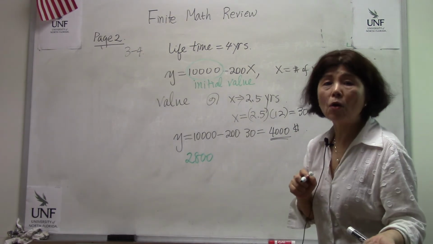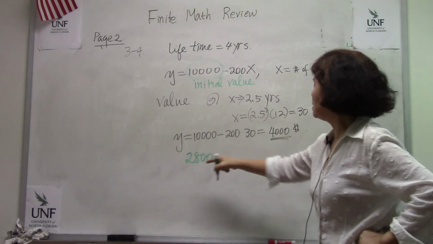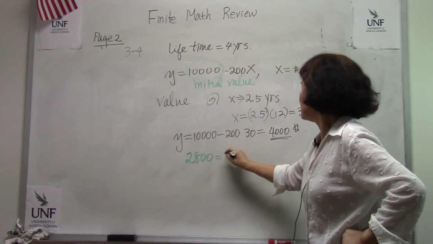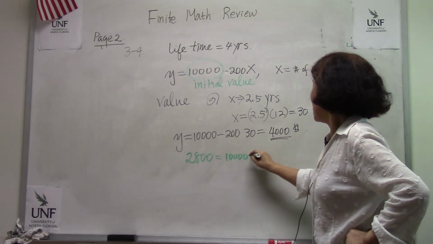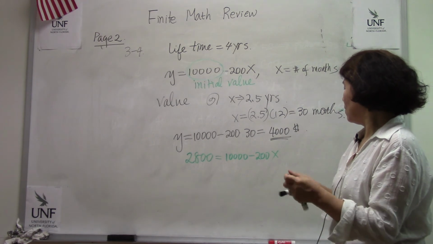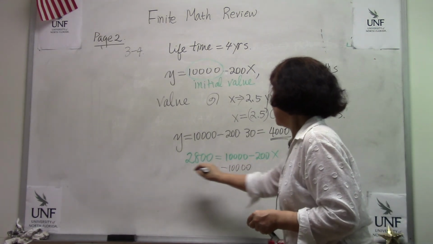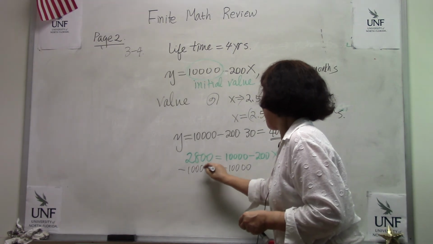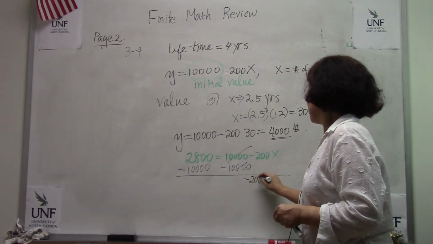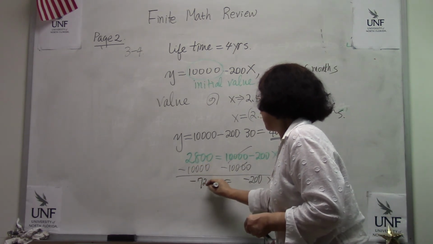So eventually the value will go down to $2,800. How long does it take? How many months after the purchase? So $2,800, that is y equals 10,000 minus 200x. You subtract 10,000 from both sides so that you leave negative 200x equals negative 7,200.